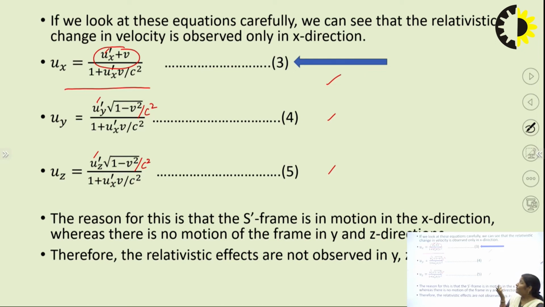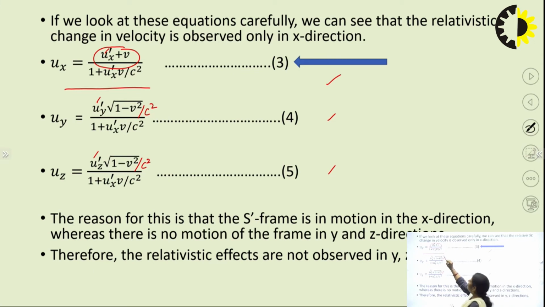Just because it is moving in the positive x direction, the relative changes are only observable in the x direction, whereas there is no effect of relative motion observed in the y and the z direction.